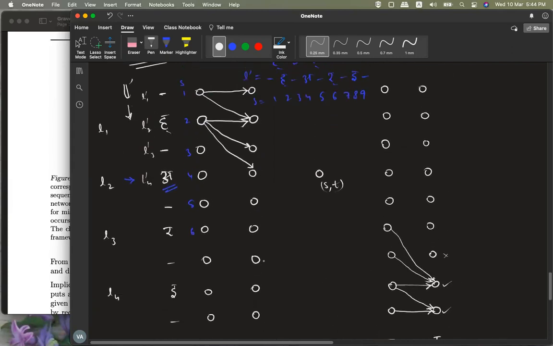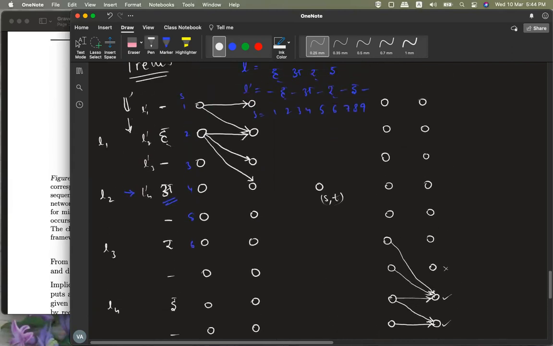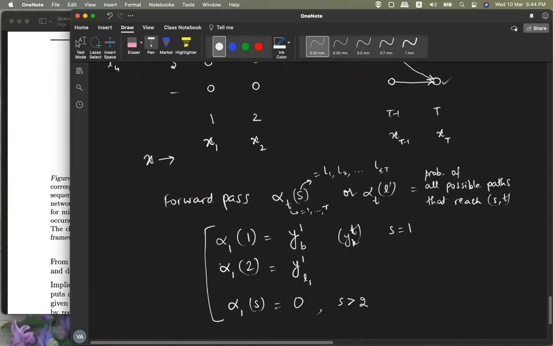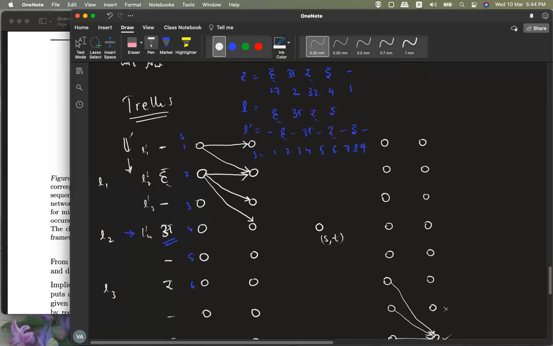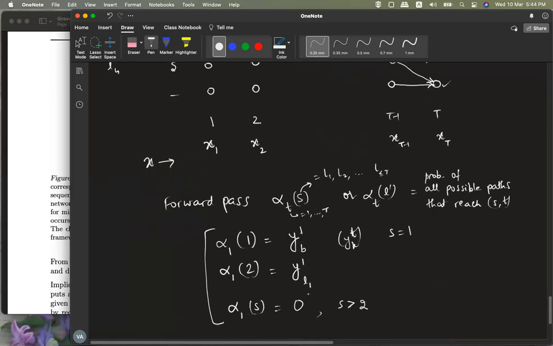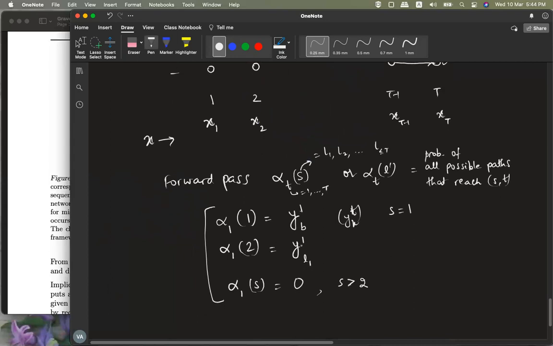Then I can also start from here. So my alpha at time 1 and state 2. State 2 means L dash 2, the her symbol, right? So if I start from here, my accumulated weight will be y_L1^1. Here L1 is her sound, so y of label 1, the first phoneme, and time is 1.